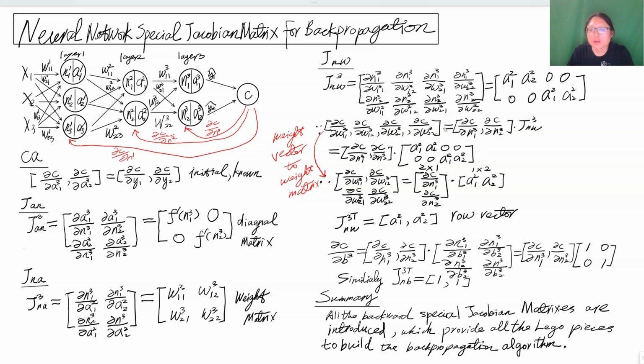So now we have to do a second step: think about how we are going to convert this weight vector to a weight matrix. You don't have to do this, because this also works. But what I'm trying to say is, if you want a consistent form used in backpropagation, you probably have to convert this weight vector to a weight matrix.